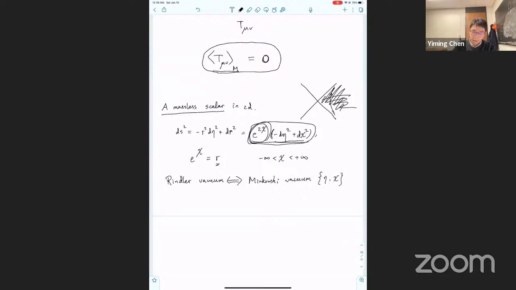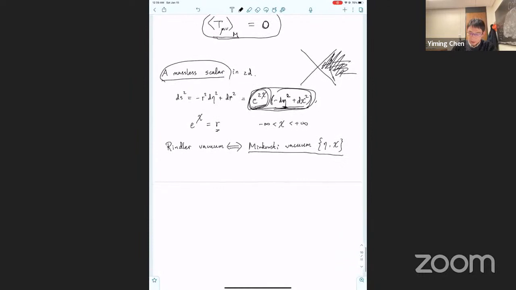Since the massless scalar field doesn't see the overall factor, it will just look at this metric and choose a vacuum with respect to the eta coordinate. So that is like the Minkowski vacuum with respect to that.